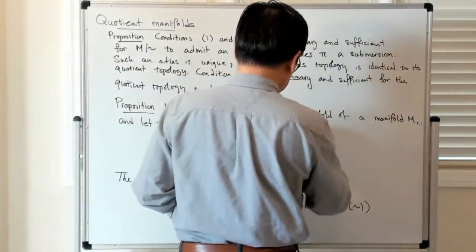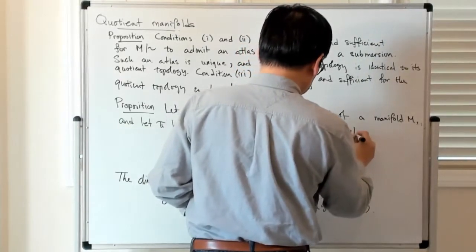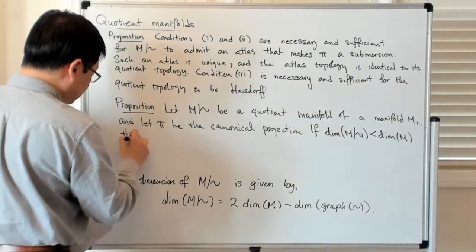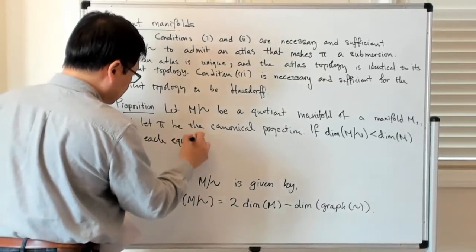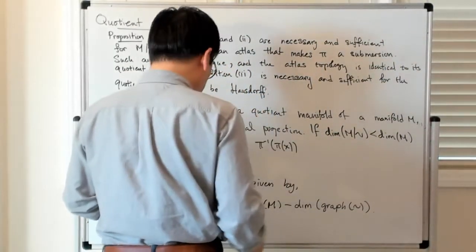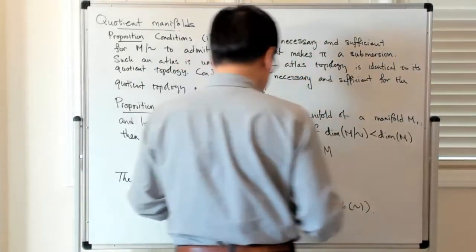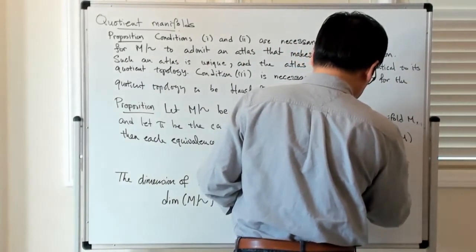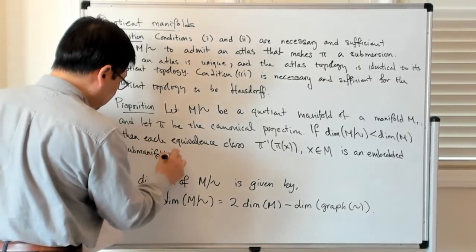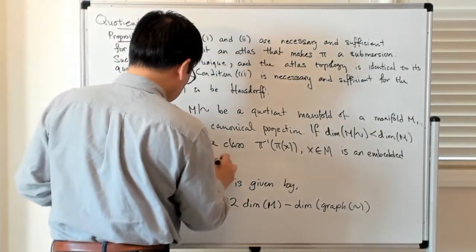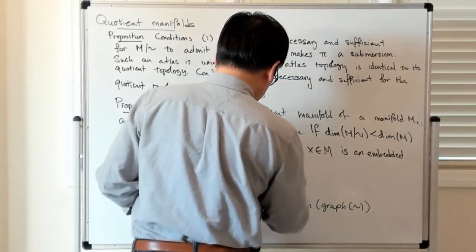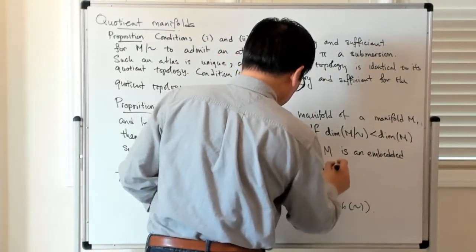Okay, so if the dimension of M quotiented by the equivalence relationship is strictly less than the dimension of M, then each equivalence class, pi inverse of pi x, for every x in the manifold, is an embedded submanifold of M of dimension equal to the dimension of M minus the dimension of M quotiented by the equivalence relationship.